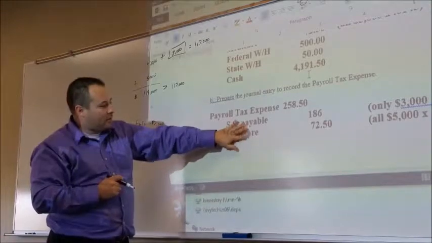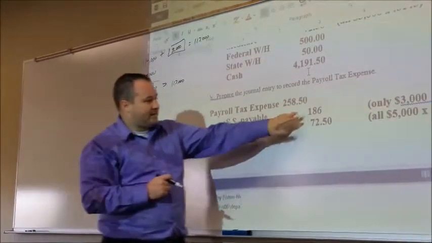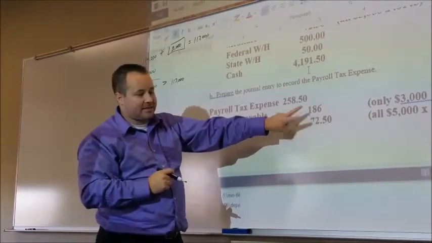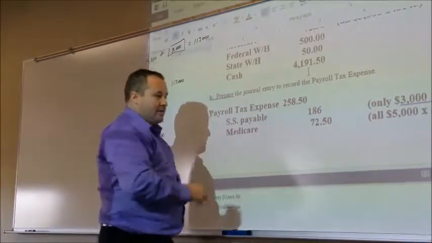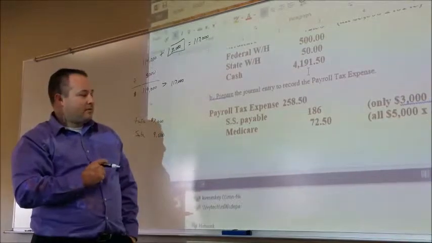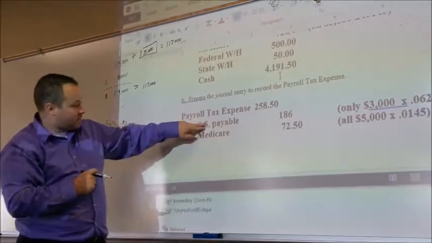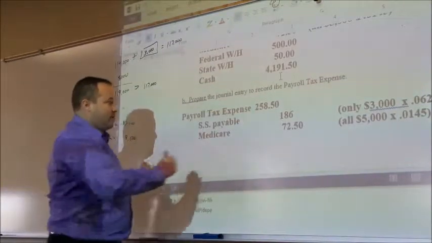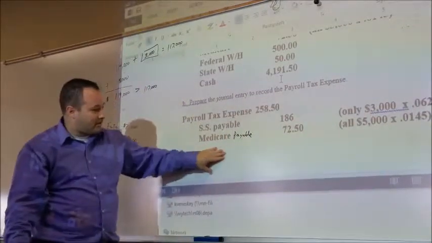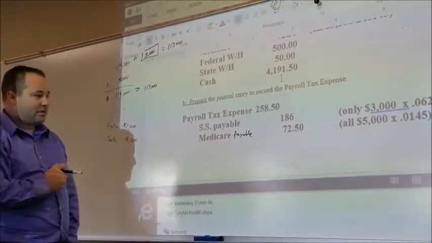So these are the only ones left that I have to pay tax on, with the same calculation as above for the employee. Remember, the employer pays the same amount. Add these 2 up, and that's how I get the payroll tax expense. For any future payrolls for this employee, this one's going to be wiped out, and we'll just have Medicare payable. We would only have a Medicare payable account for the rest of the year for this employee as an additional tax.